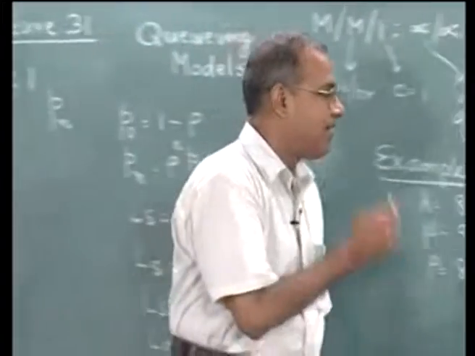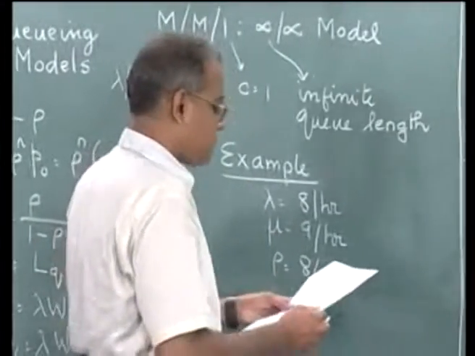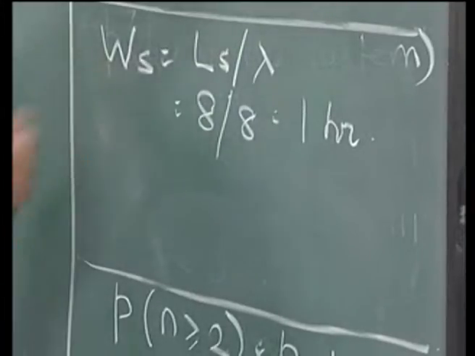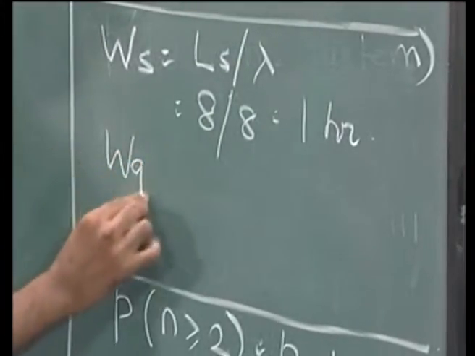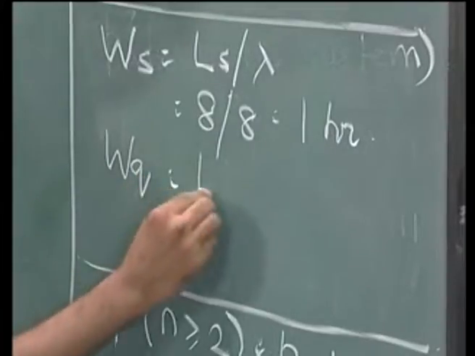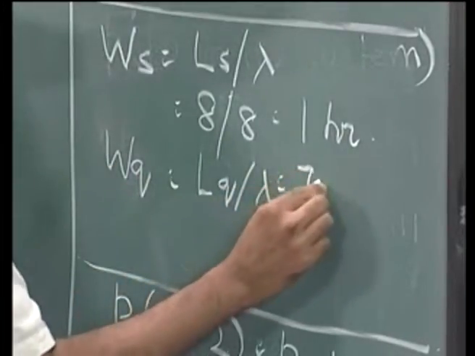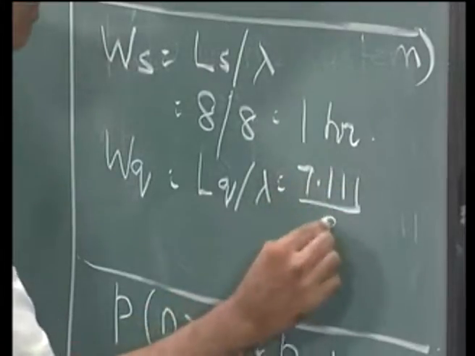So, expected waiting time in the system is 1 hour, and Wq, the expected waiting time in the queue, is Lq by lambda, which will be 7.111 by 8.